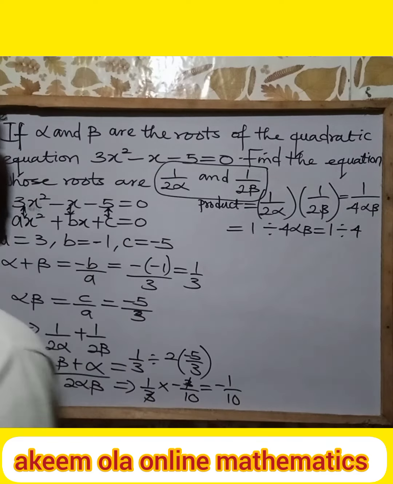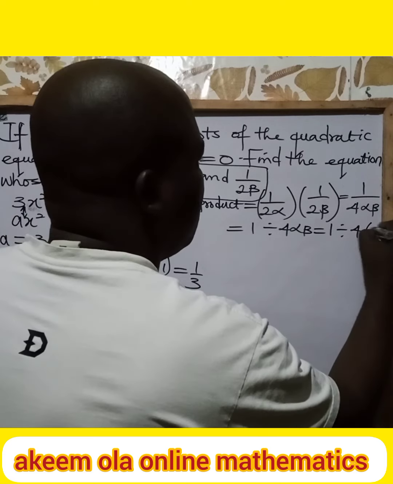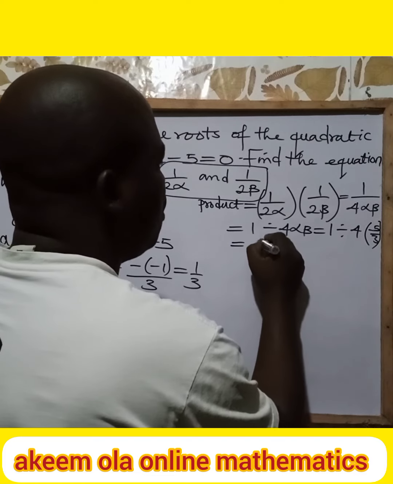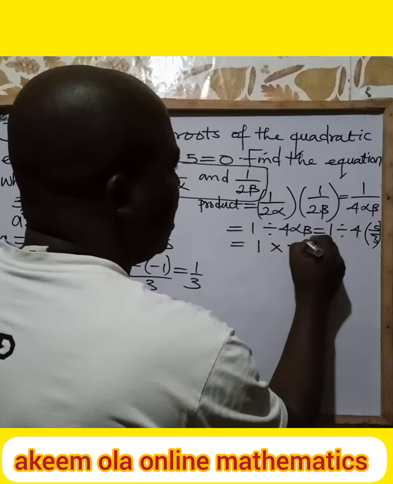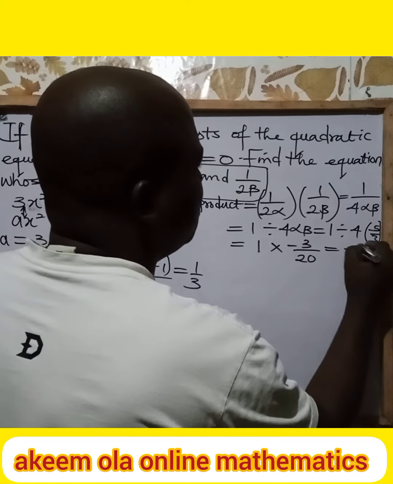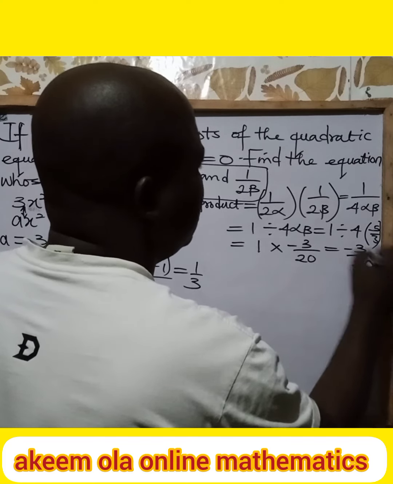What is alpha beta? That is minus 5 all over 3. So that will now give us 1 times minus 3 all over 20, and that will give us minus 3 all over 20.